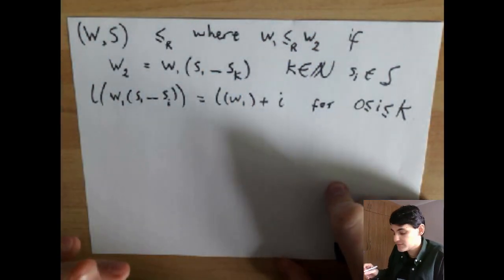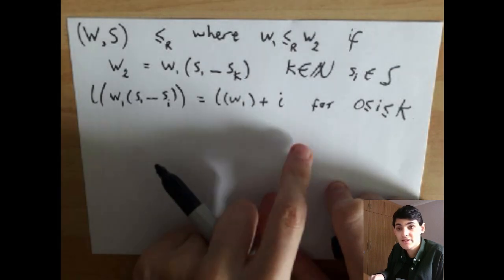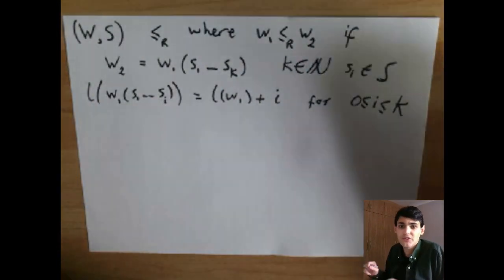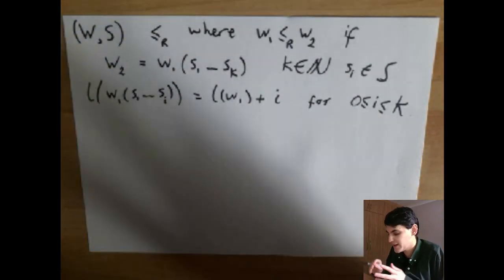All right. So this is the right weak order, and this is all very abstract, I appreciate. So what does it actually mean?